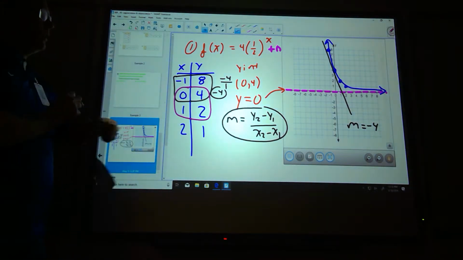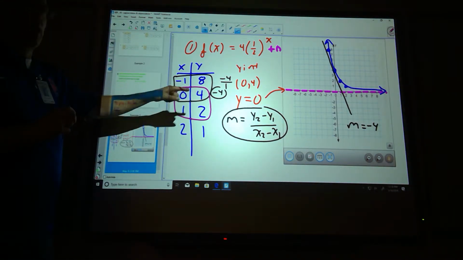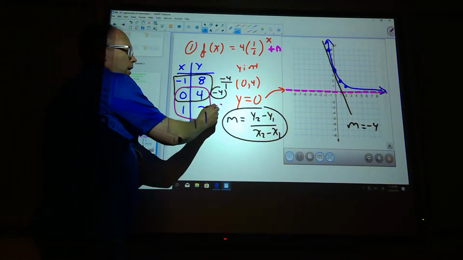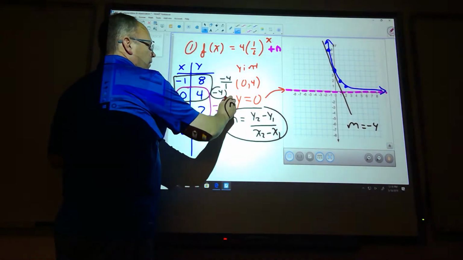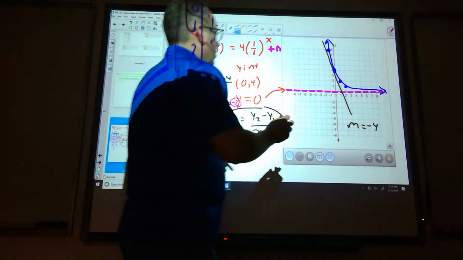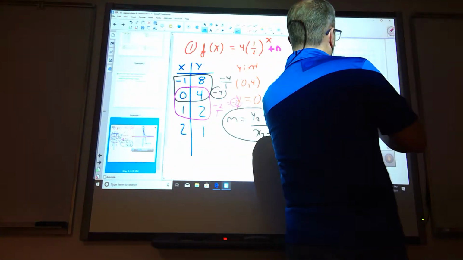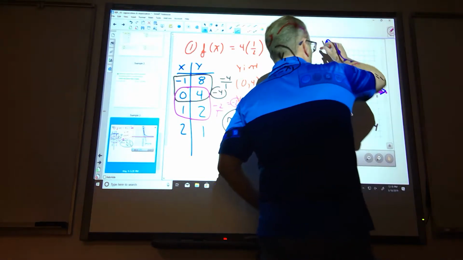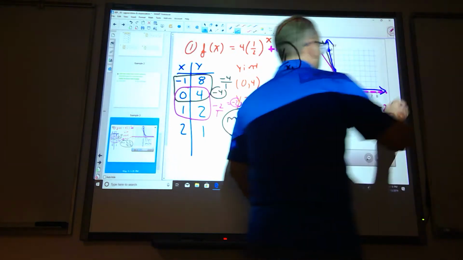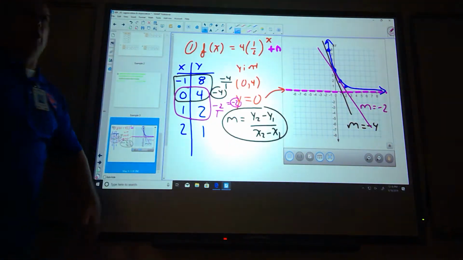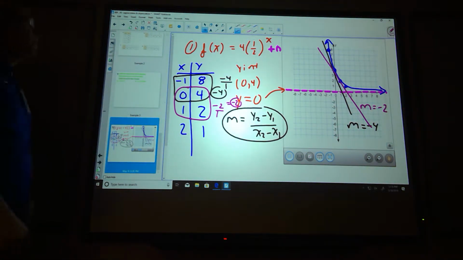Okay, so let's make sure we can do this one. 2 minus 4, negative 2. Agree? 1 minus 0 is 1. So I get a slope here of negative 2. So between these 2 points, my slope changes to negative 2. Does that still make sense? It should be a negative slope. It's pitching downward, right?